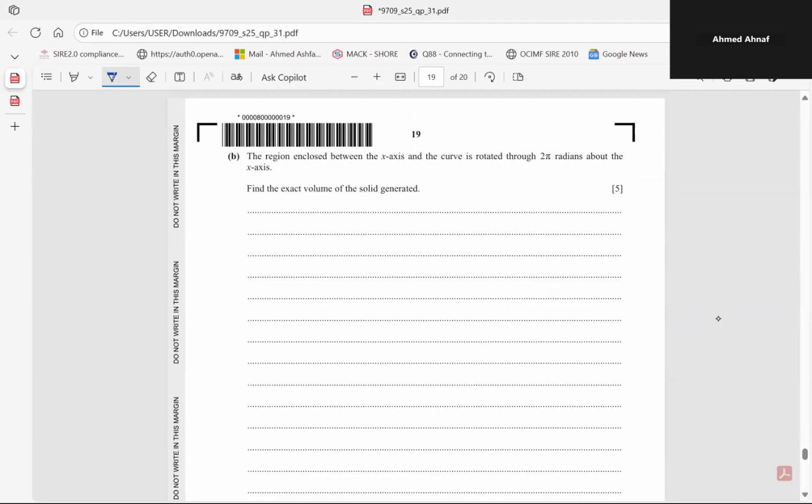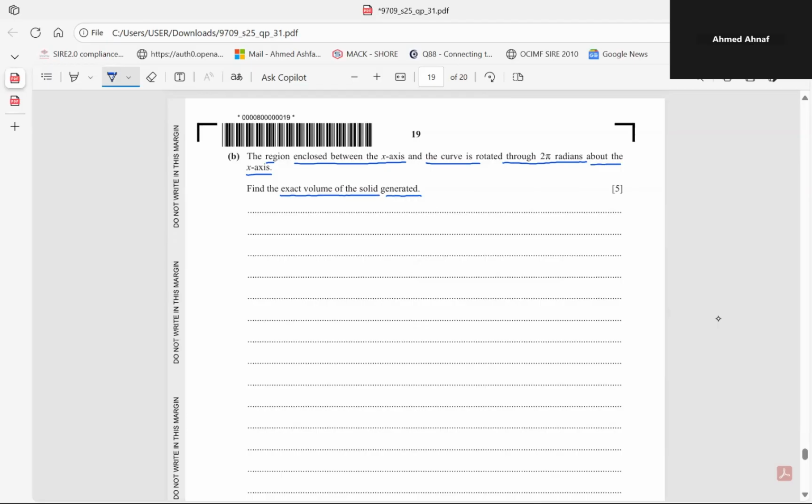Here it is saying the region enclosed between the x-axis and the curve is rotated through 2 pi radians about the x-axis, and we have to find the exact volume of the solid generated.